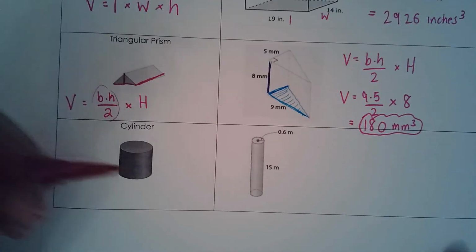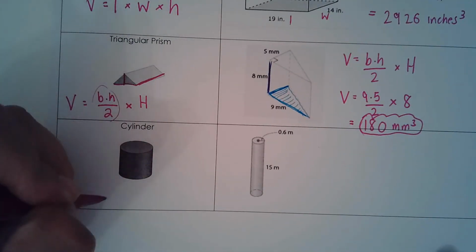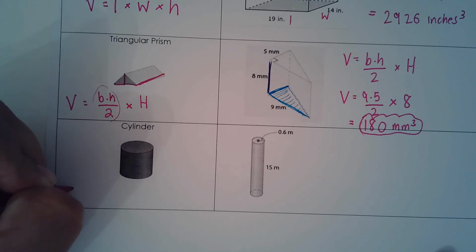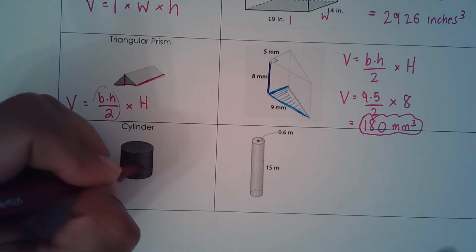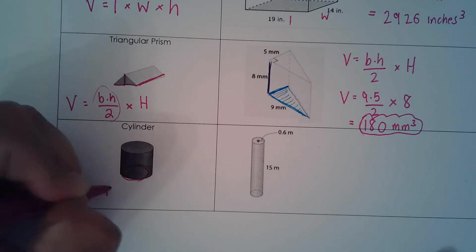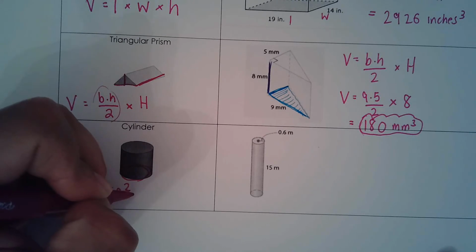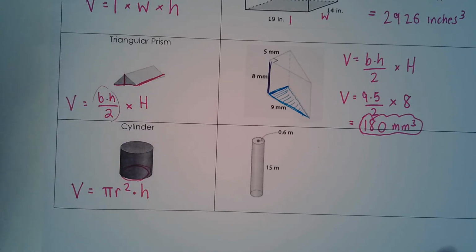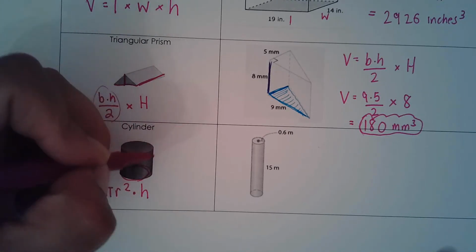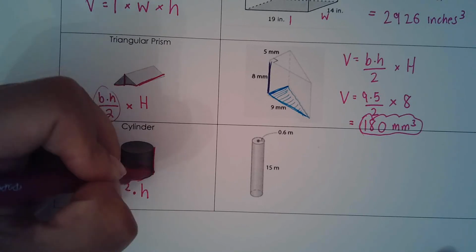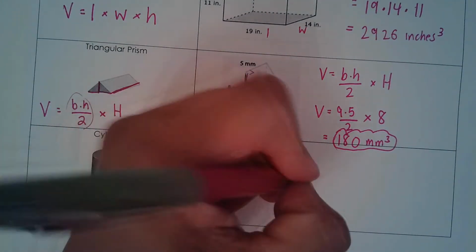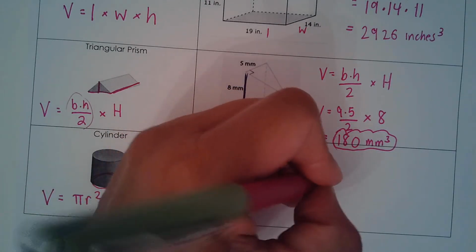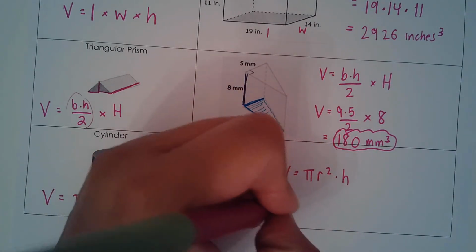Okay, last shape, which is a cylinder. The formula for finding the volume of a cylinder is area of the base, which is a circle, so pi r squared, the area of the circle, times the height of the cylinder. So that would be this part here. So volume equals pi r squared times height.